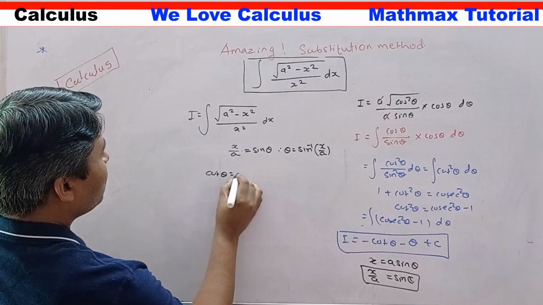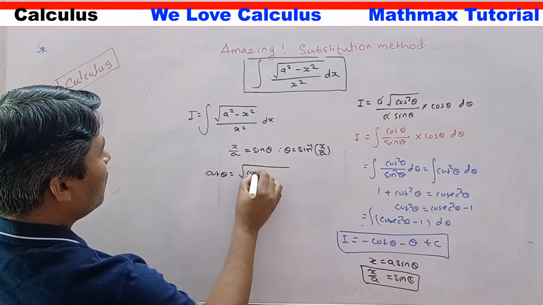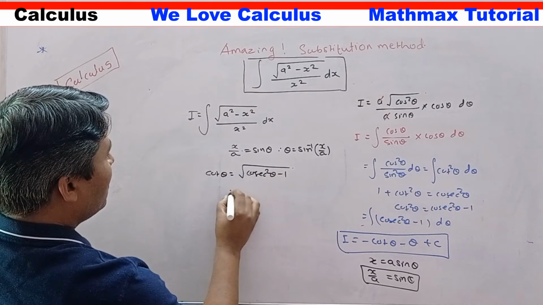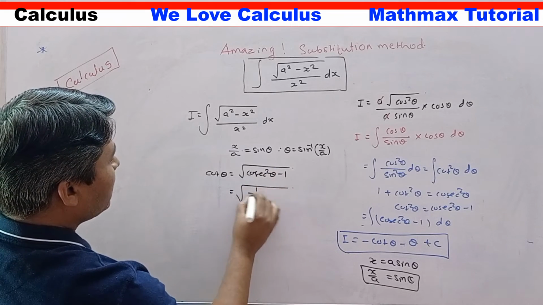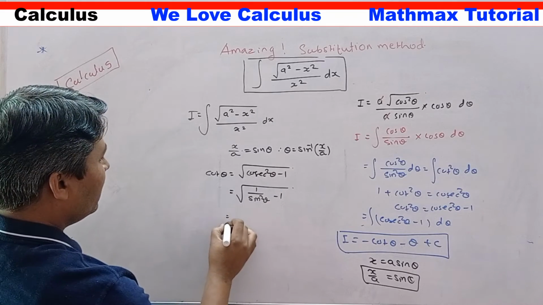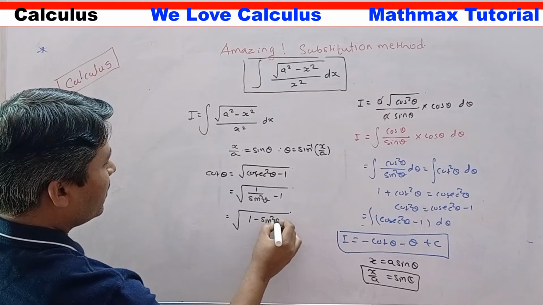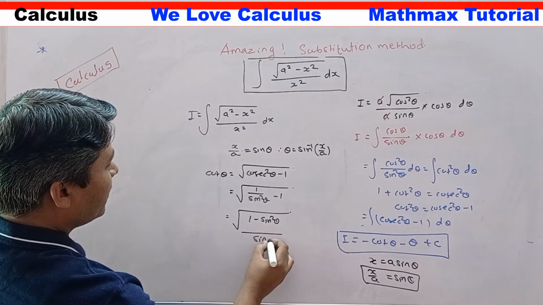And we want to find cot theta. We know that cot theta is equal to the square root of cosec squared theta minus 1, and we can simplify this as 1 upon sin squared theta minus 1, which is 1 minus sin squared theta divided by sin theta.